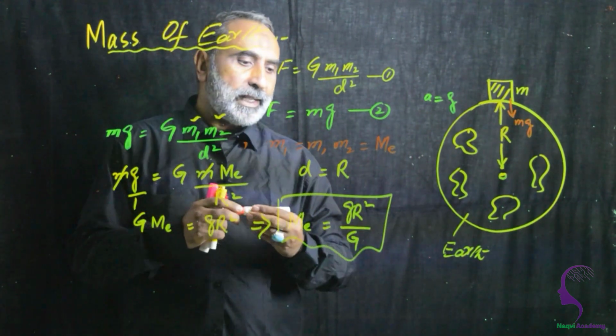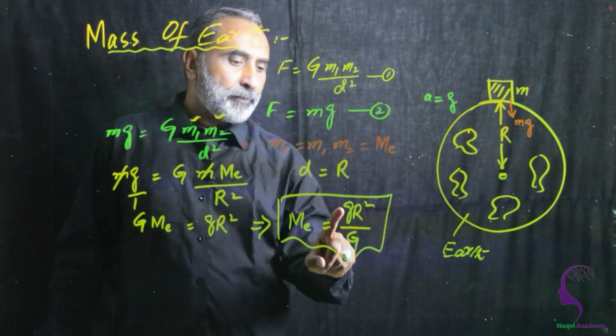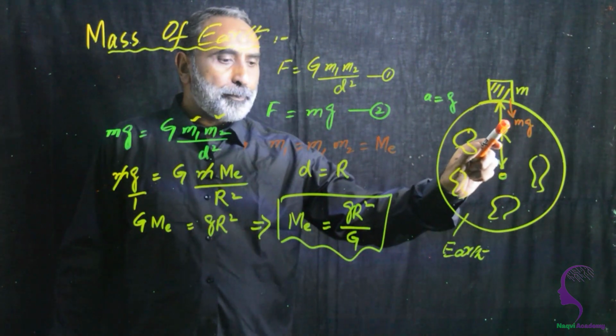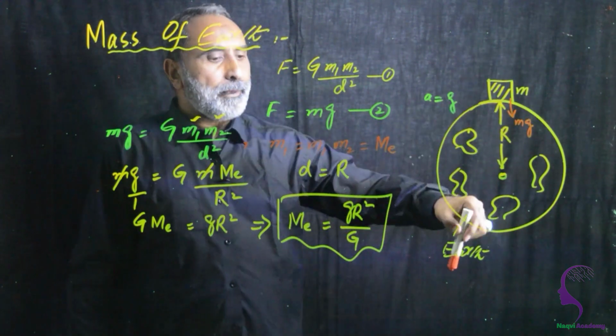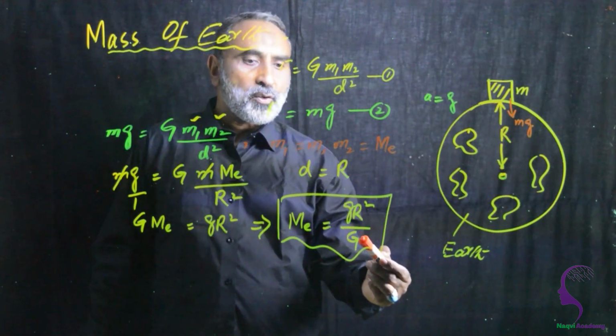If somebody asks how you can calculate the mass of Earth, by this formula, g is called acceleration due to gravity because the body is under gravity, r is the radius of the Earth, and G is the gravitational constant.